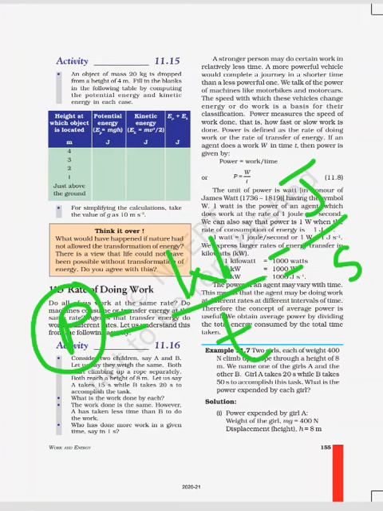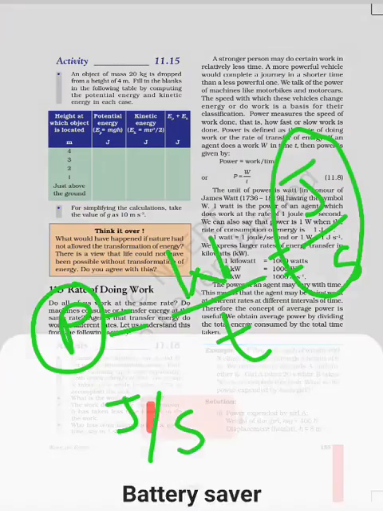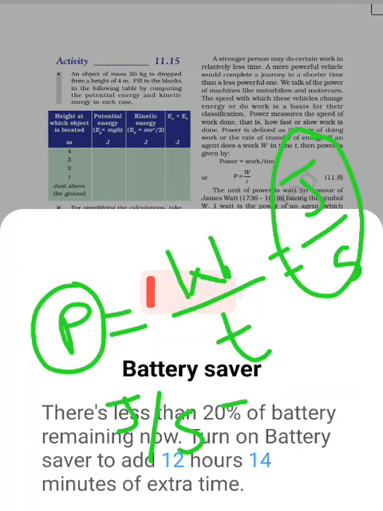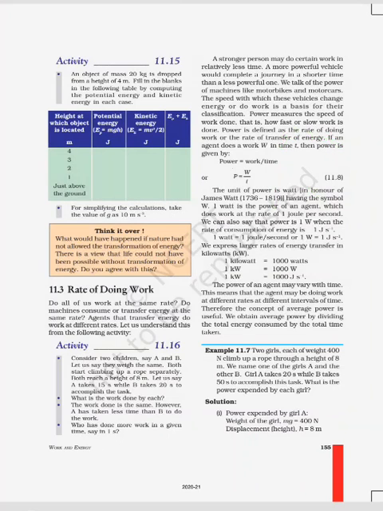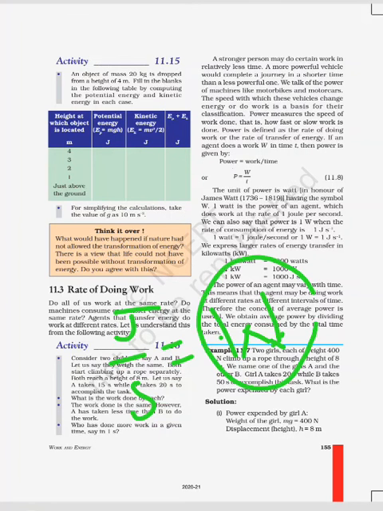Joule per second is known as watt. That watt is denoted by capital W. Why capital W? Because it is named after the scientist James Watt, and every unit that is named after any scientist is denoted with a capital letter. So 1 joule upon 1 second is 1 watt.